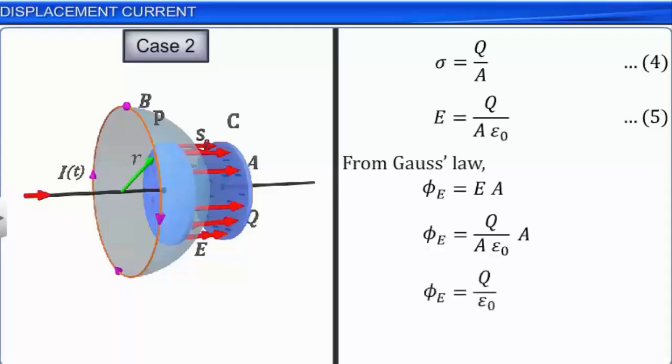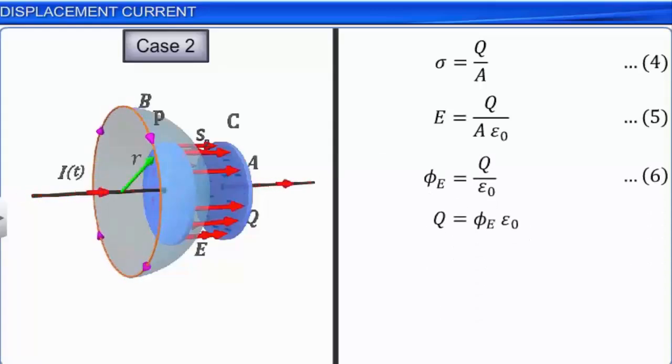Equation 6 can be rewritten to get the charge on the plates of the capacitor, that is, Q is equal to phi E into epsilon naught. Due to the time-dependent current source, the charge on the plates of the capacitor changes with time. Thus, the current due to the rate of change in the charge, I, is equal to dQ by dt.